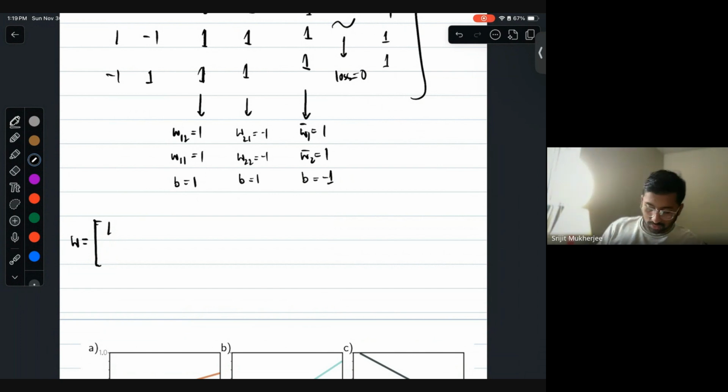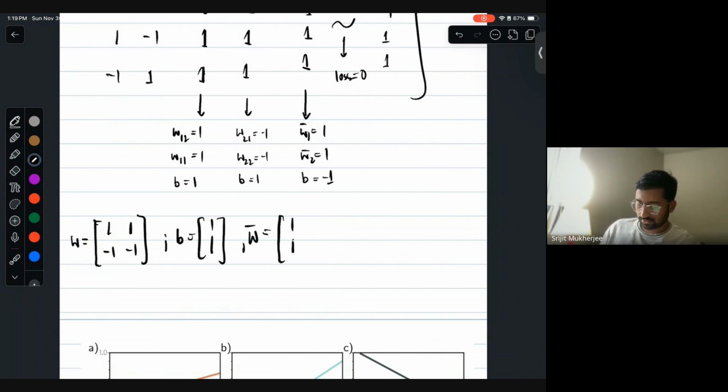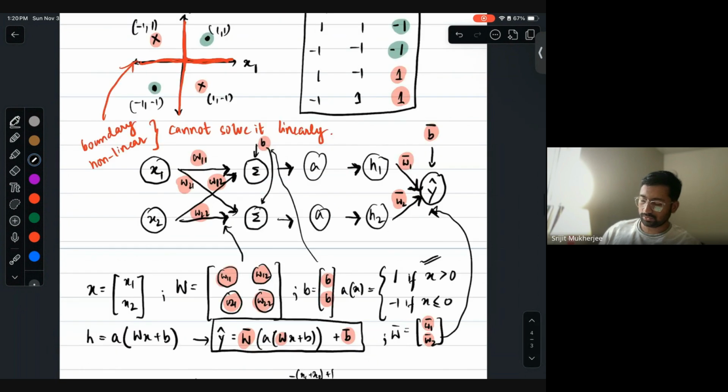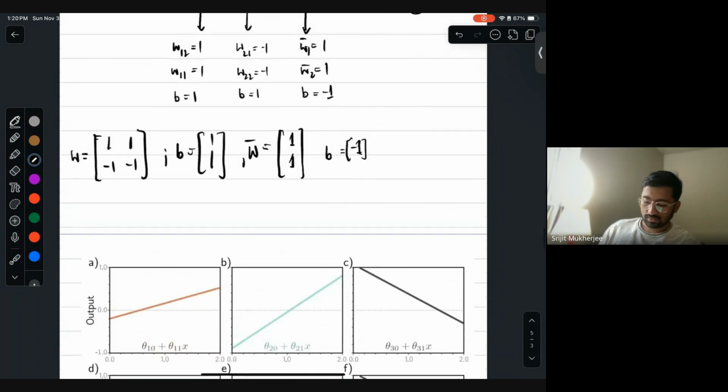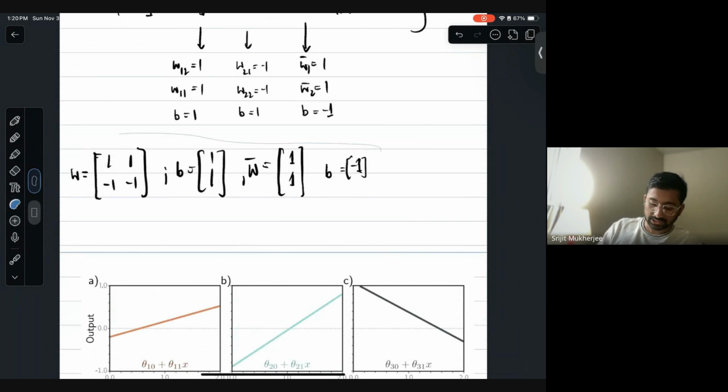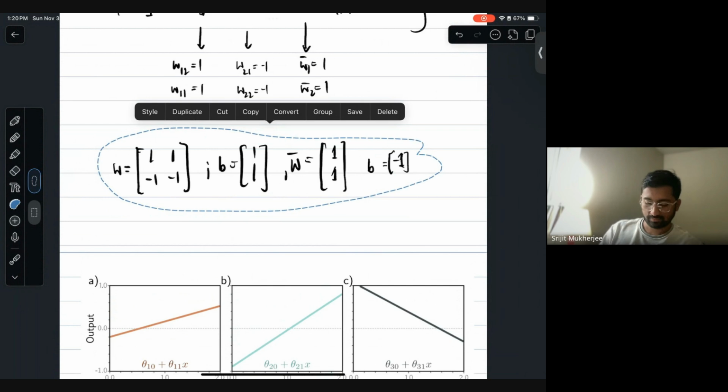Okay, so we have W11 is 1, W12 is 1, then -1, -1. B is 1, comma 1, right? And W hat is 1, comma 1. And here B is equal to -1. It's a single number because the output is a single output. So this is the neuron. This is a shallow neural network for you which solves this problem.